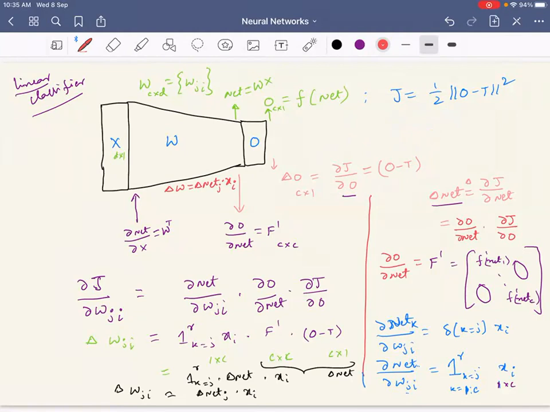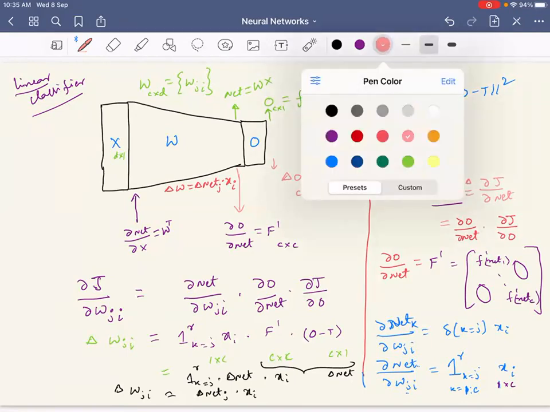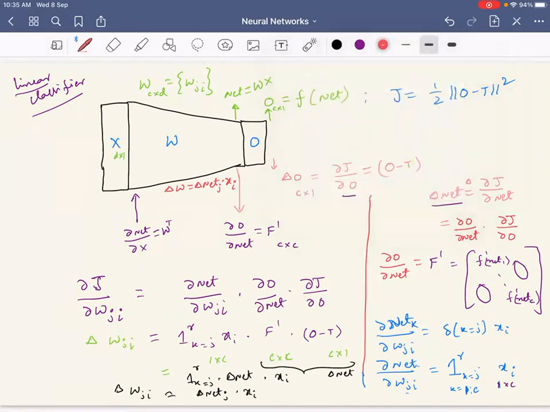Is there anything missing in what I have written? Sir, it's supposed to be delta Wji. Right, very good. So it's supposed to be delta Wj equal to delta net j into Xi. Otherwise it doesn't make much sense.